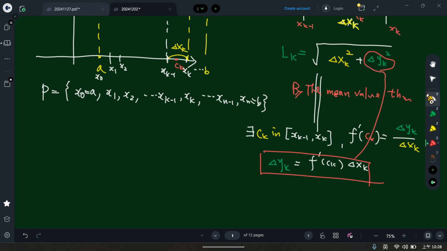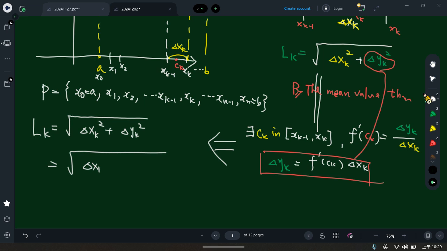Okay, so with this, we can convert the original Lk equal to the square root of delta sk squared plus delta yk squared. So you can just use f prime of ck times delta sk squared.